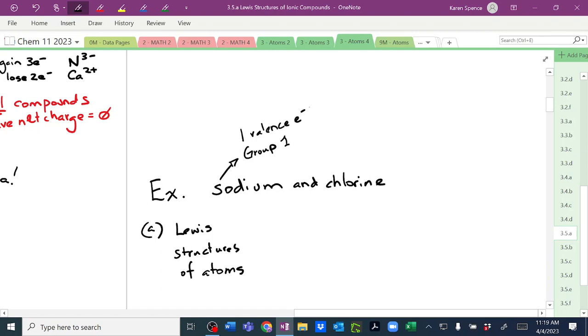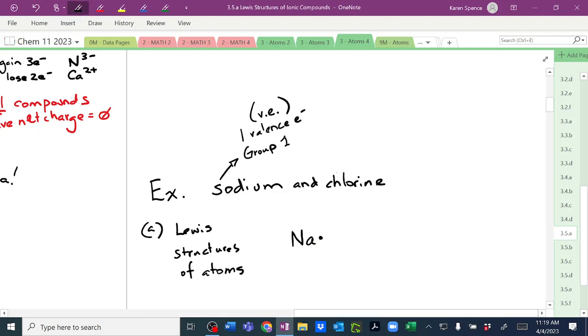And don't forget, I like to write VE for valence electrons because it just makes it shorter, okay? So when we write the Lewis structure for sodium, we draw Na, and I'm going to put the electron right there. It's got 1 electron. So I'm not going to label that because we're going to need arrows later.